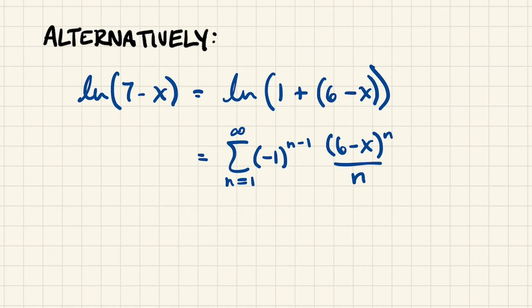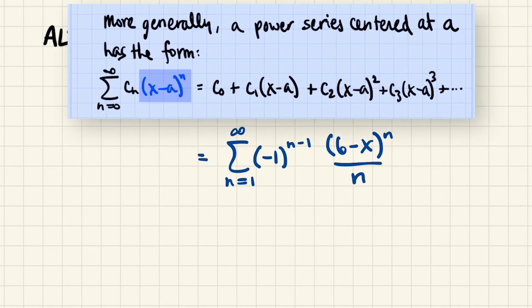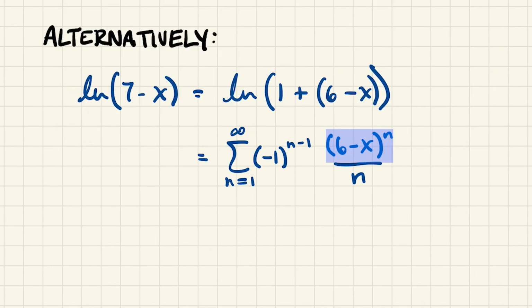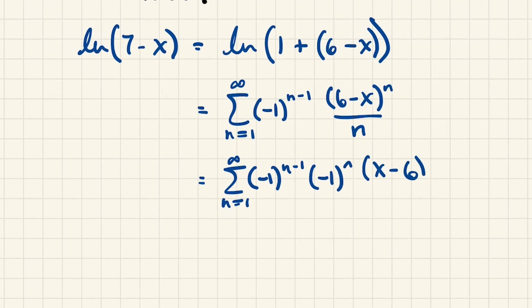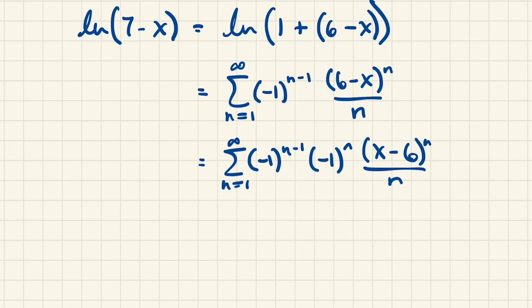Now, first of all, this is a perfectly valid power series. It's a little non-standard the way it's written, because if we're going to have something other than simply x to the n, we would really like to have it in the form of x minus a to the n. Remember the definition of a power series back in the last section. So to get that, we need to extract a negative 1 to the n out of this form, and now we can write it as x minus 6 to the n as desired.